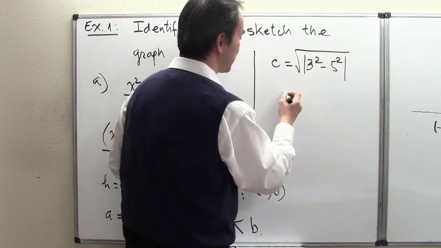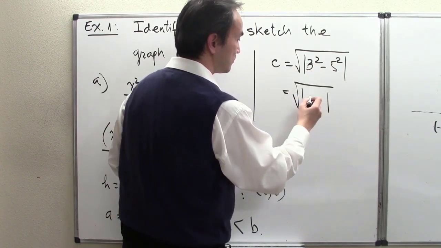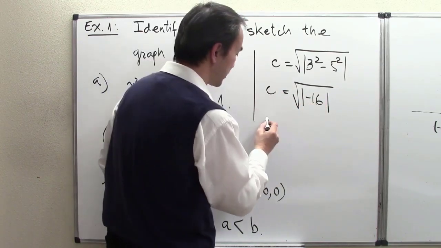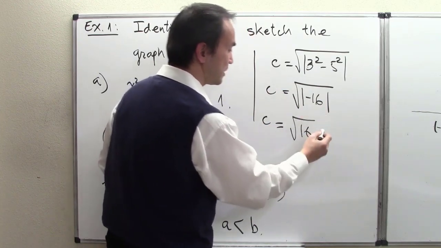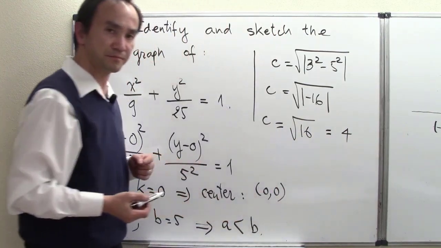Subtracting the two gives me the square root of the absolute value of negative 16, which is the square root of positive 16 after the absolute value. And the square root of 16 is 4.